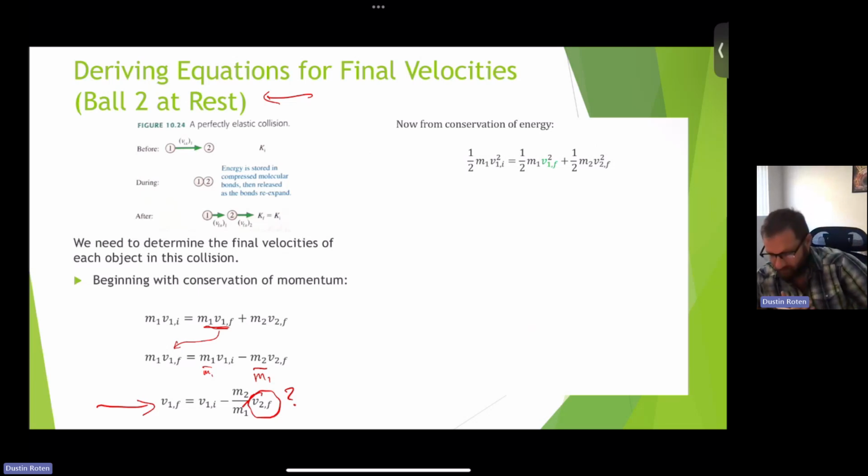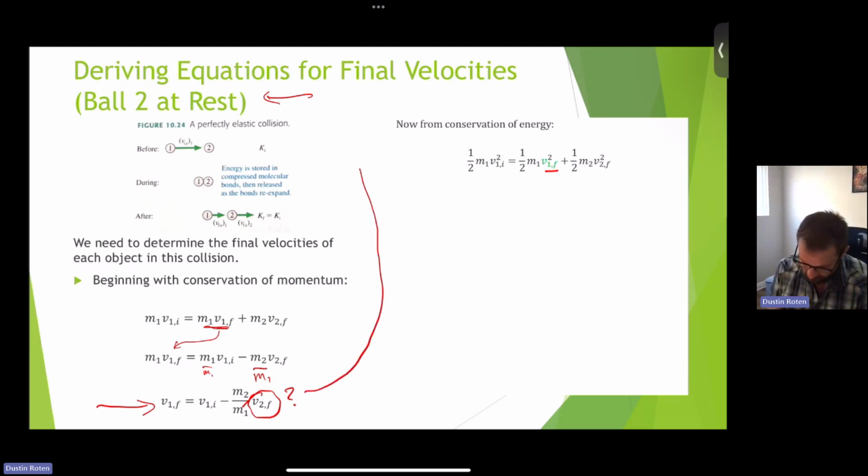From conservation of energy, we know that the initial kinetic energy of the first ball equals the kinetic energies of the two balls later. I've highlighted here in green the final velocity of the first ball, because I know that. I have an equation for it, the one we just came up with for the final velocity of the first ball.